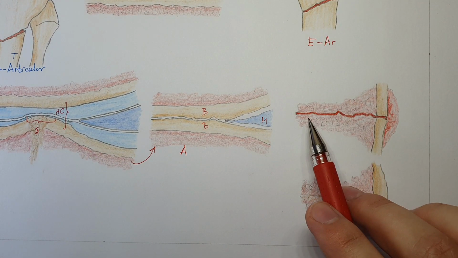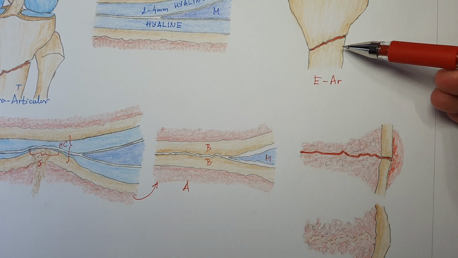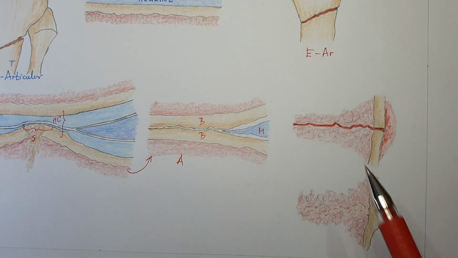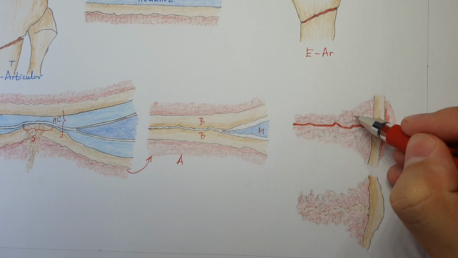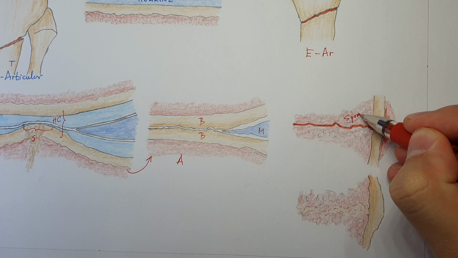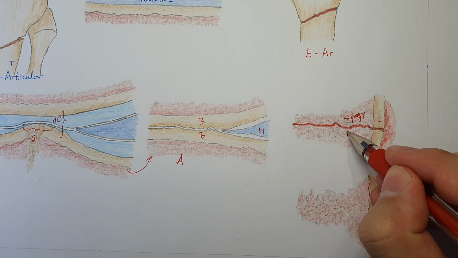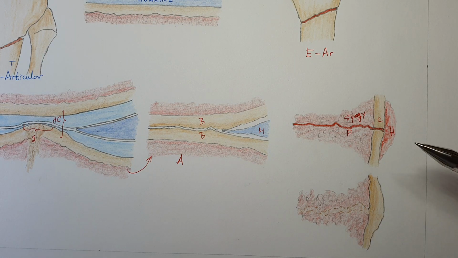So we can see, if we would take a section of this part and zoom a little bit in, what happens when the fracture occurs. Here we have the compact bone, and here is the spongy bone, and here is the fracture, and here a hematoma is developing.